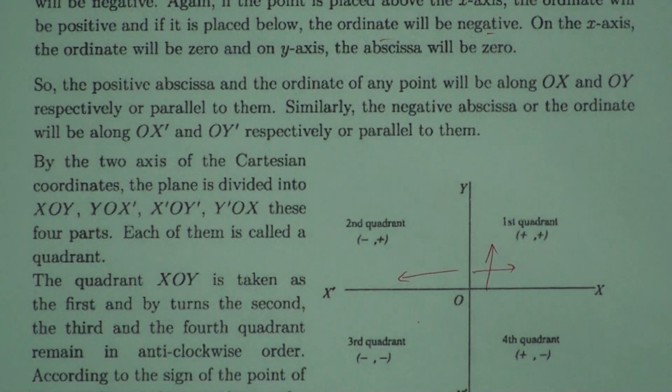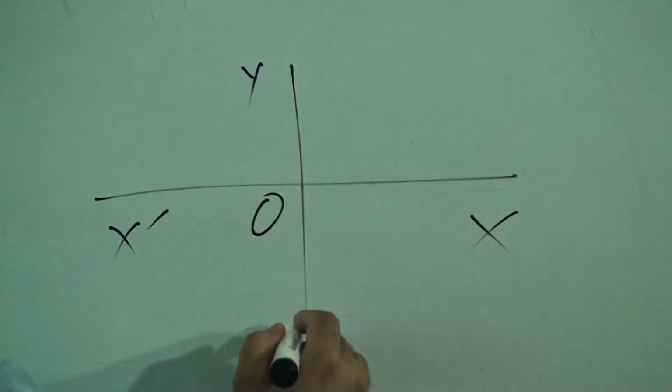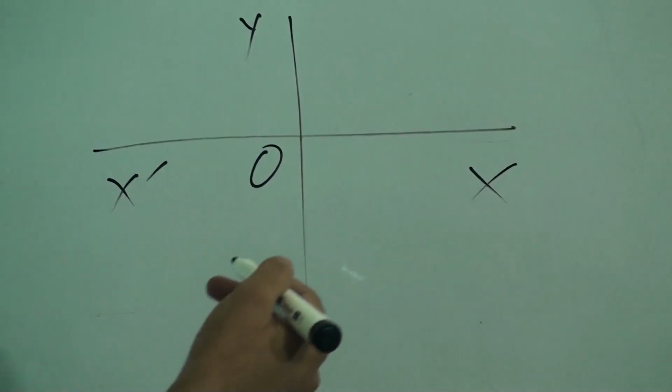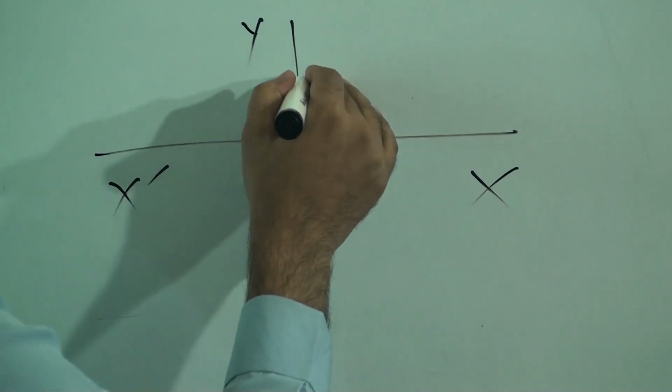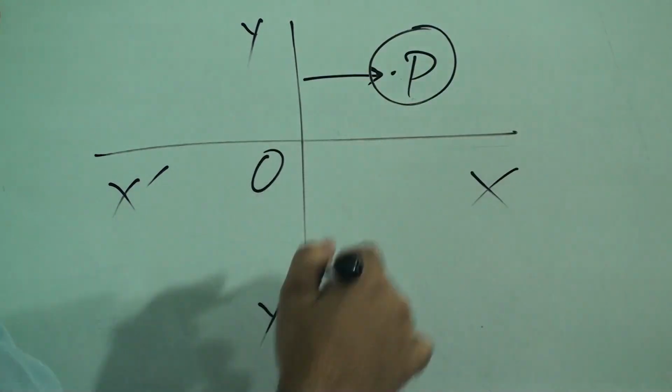Suppose I draw here the x-axis and y-axis. Now if we take any point on the right of the y-axis, suppose here is P, the abscissa is positive here.